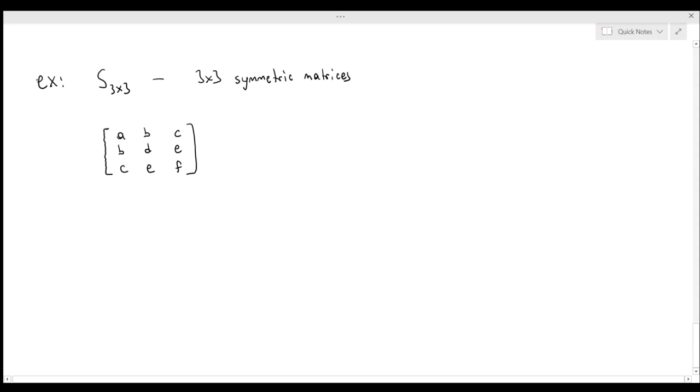Once you're able to write out what a generic element of the space looks like, use the variables and use them to form a combination of specific matrices. So here I can write it as A times the 1 here, then plus B times a matrix where I'd have a 1 in this entry and in this entry.